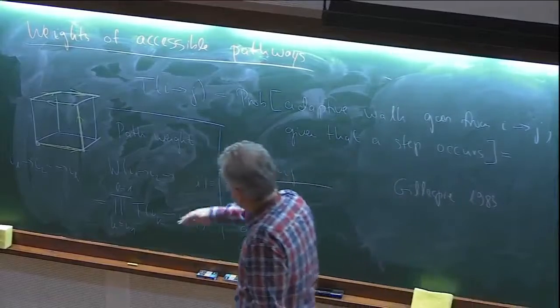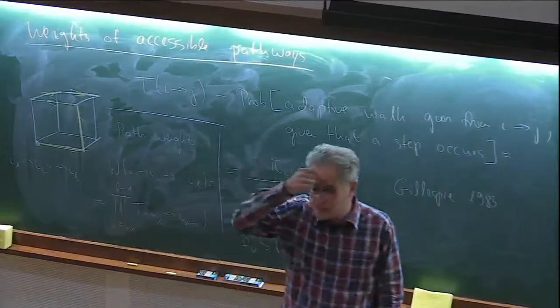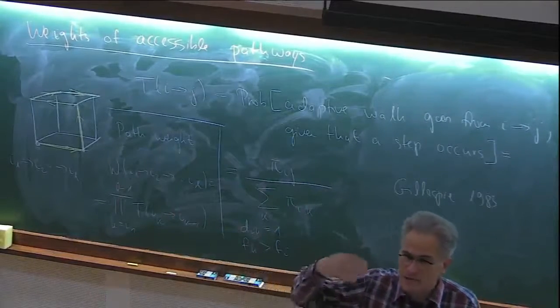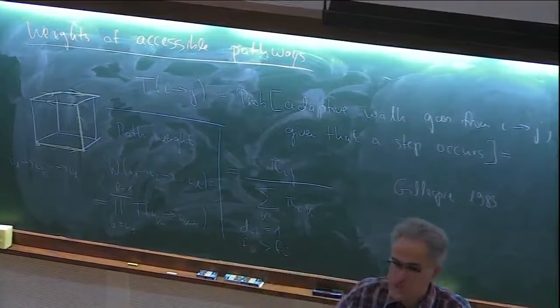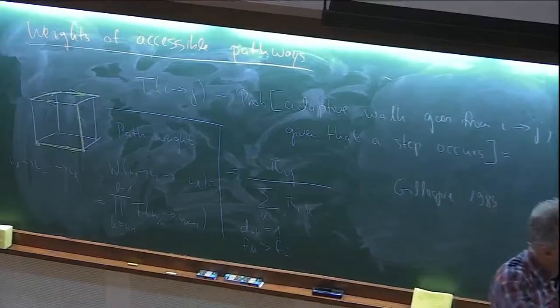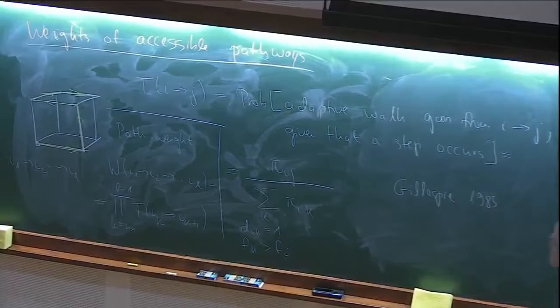So this way you can put a number on the pathways, and in many of the empirical fitness landscapes, one finds that the probability is concentrated on a few pathways. So not only are there few accessible ones, but also among the accessible ones, some are much more likely to be taken than others.